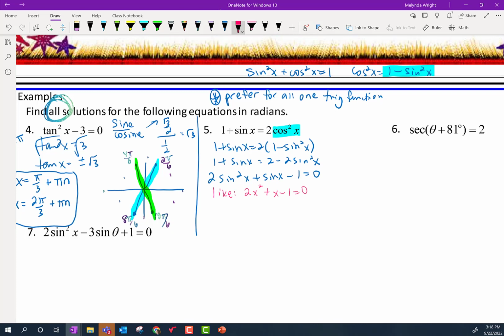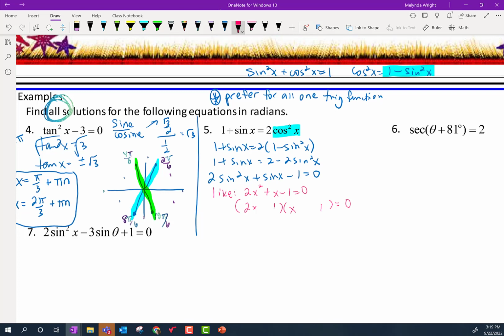This is what it is like. I have students that really do not want to factor with trig, and they would rather factor like this with just plain old polynomials. It doesn't matter to me which way you do it, ladies. Whatever your preference is, let's do it this way first. So we know the factoring will be 2x and x and 1 and 1.